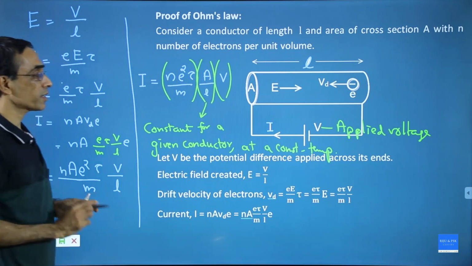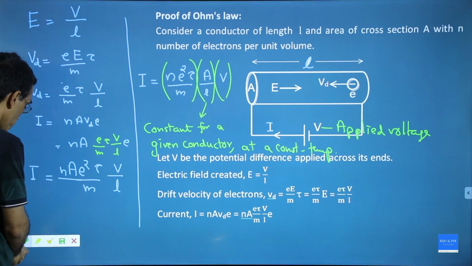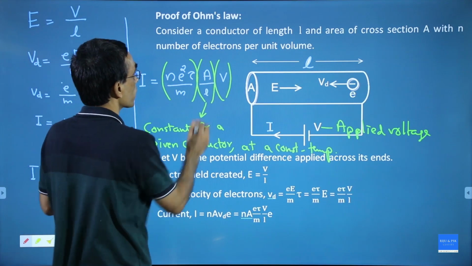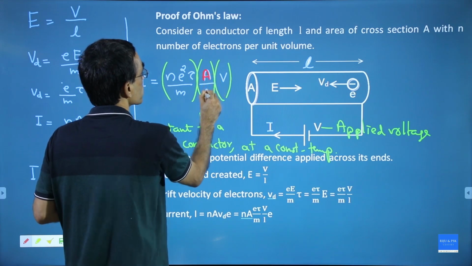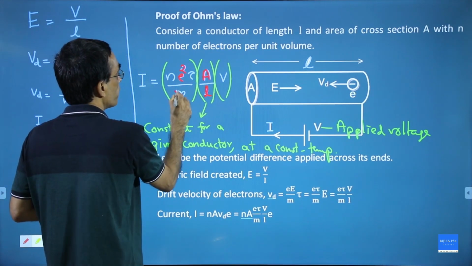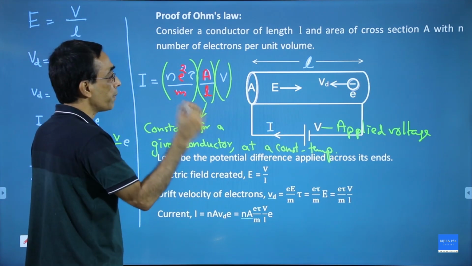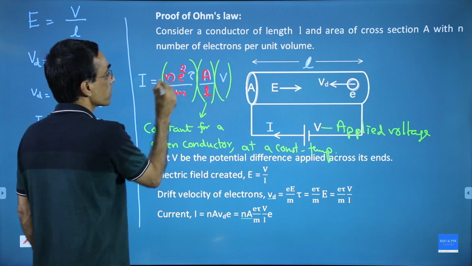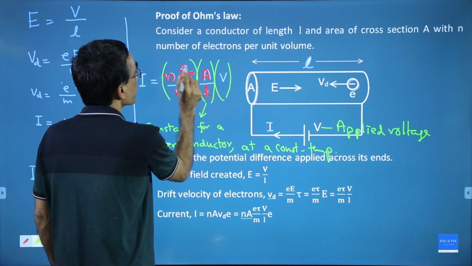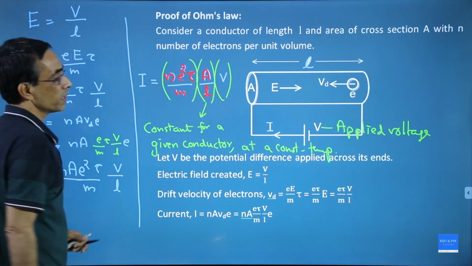For a given conductor, A by L is a constant. e square by m is always a constant. For a given conductor, the material will have n as a constant, and if temperature does not change, tau will also become constant. So, you can see these terms will become a constant under this condition.